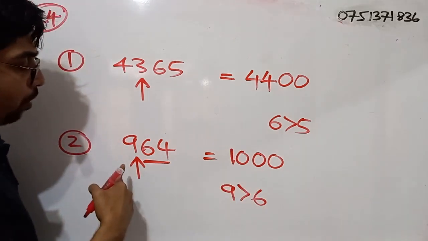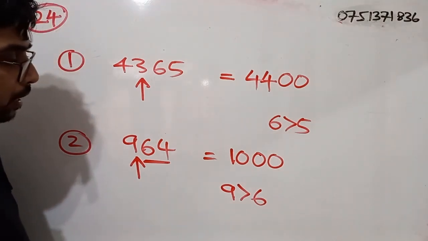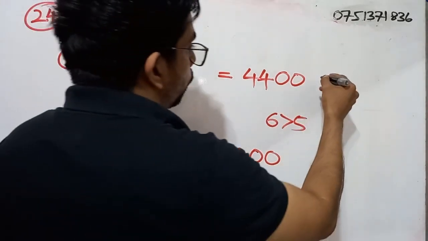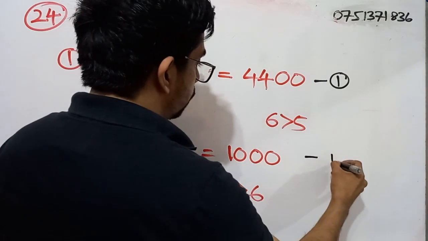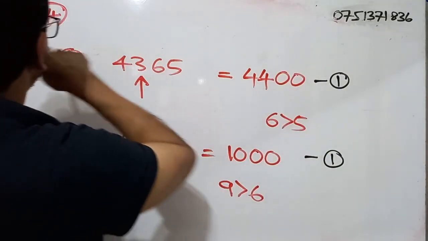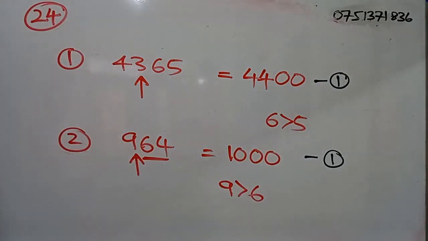So when we round off 964 to the nearest multiple of 100, we get 1000. Right, so for this part you will be getting 1 mark, and for the second part also you will be getting 1 mark. So for the 24th question, the whole marks will be 2 marks as usual.